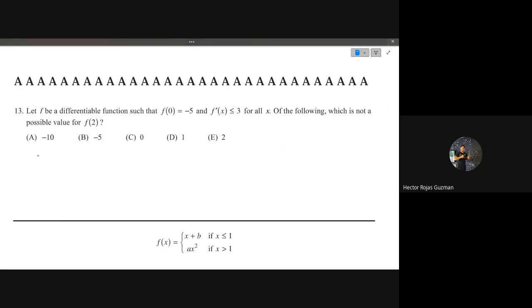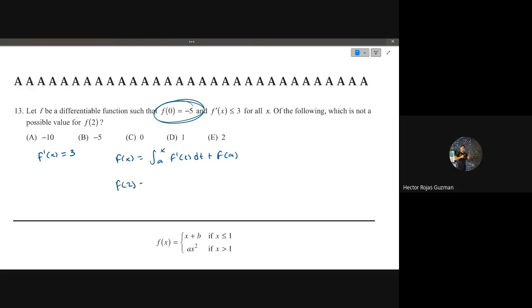Of the following, which is not a possible value? Well, we're going to assume that the derivative here is 3 because that's the biggest possible value that we can get. So if I do the same formula I talked about earlier, f of x equals the integral from a to x of f prime of t dt plus f of a. I'm using this one because I'm given an initial condition.